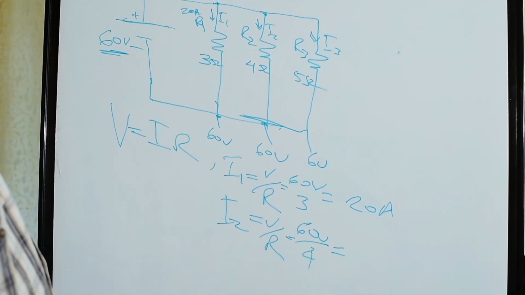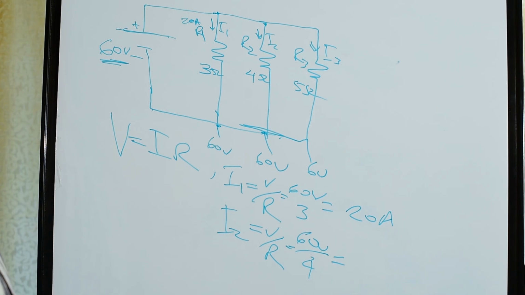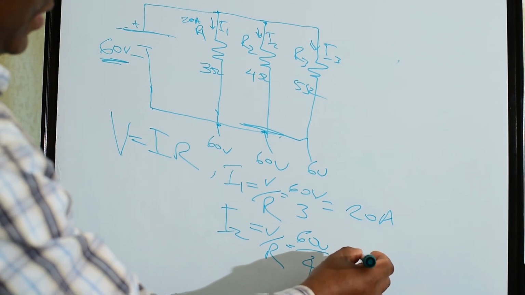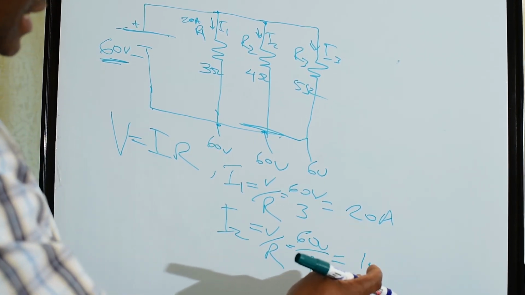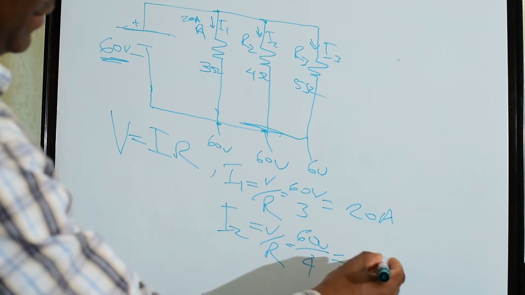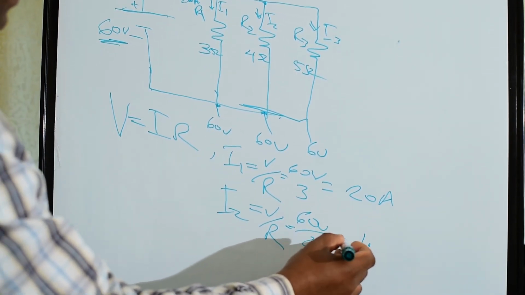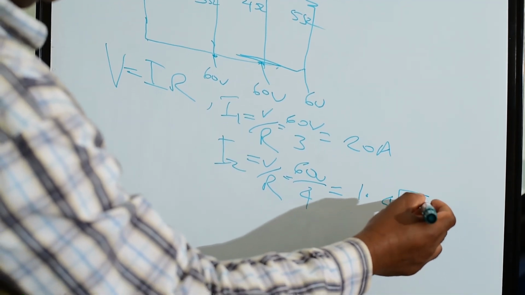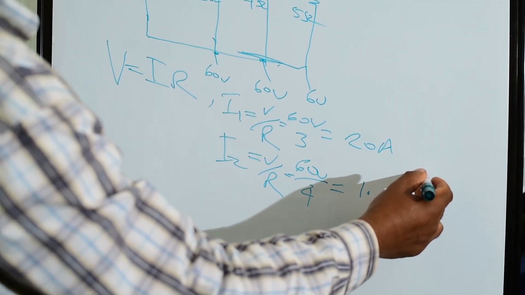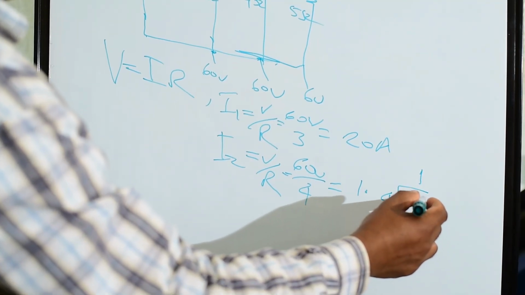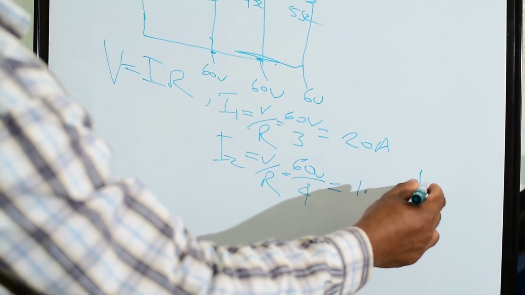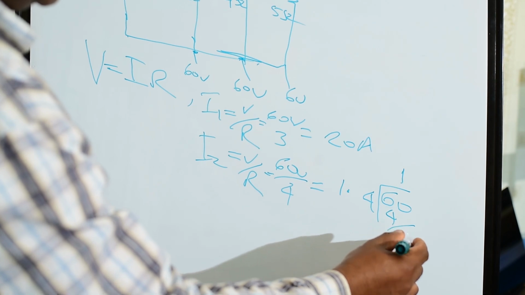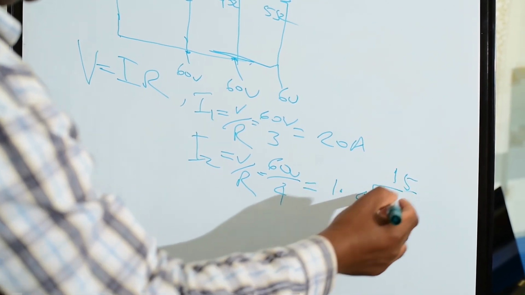When we take 60 divided by 4, it will be 15.